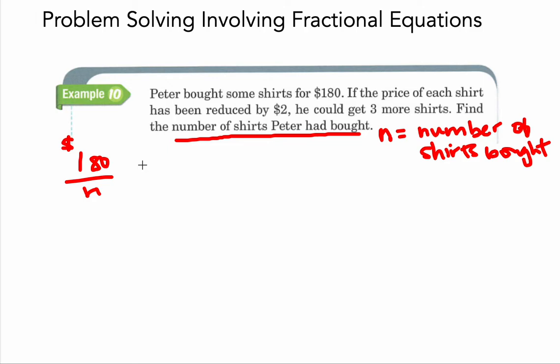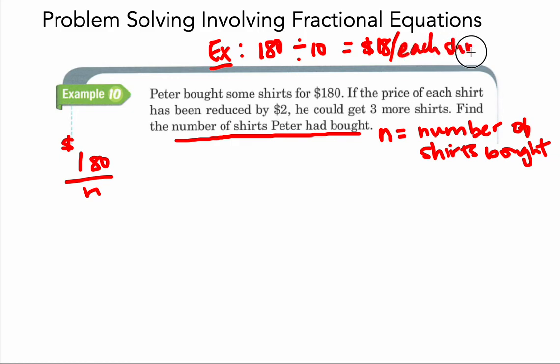For example, if Peter bought 10 shirts, I would take 180 divided by 10, and I would see that it's $18 for each shirt.